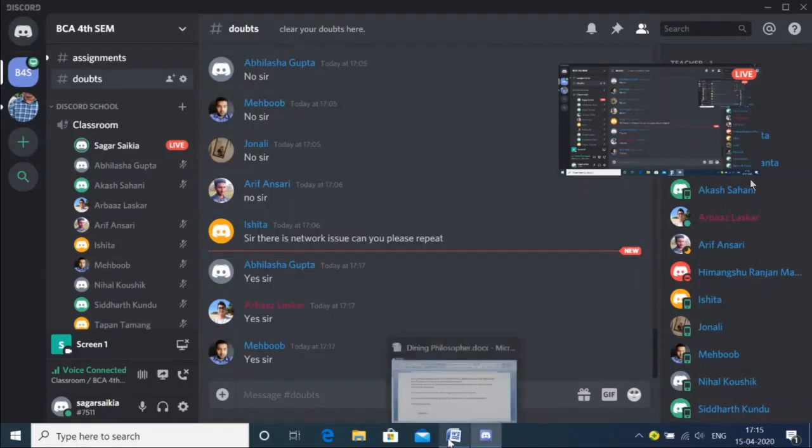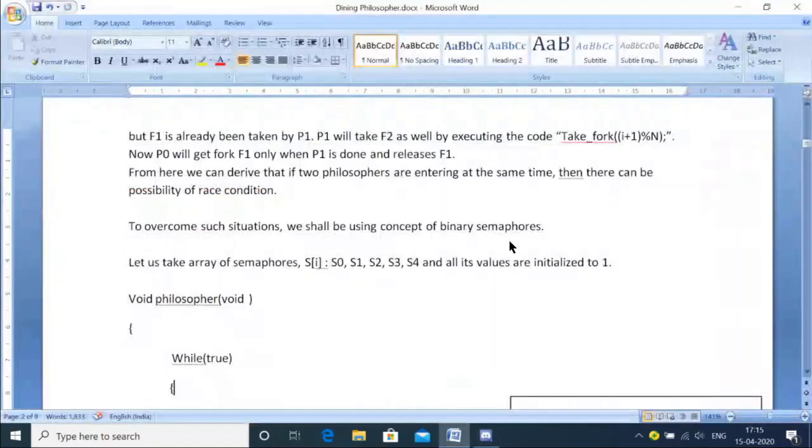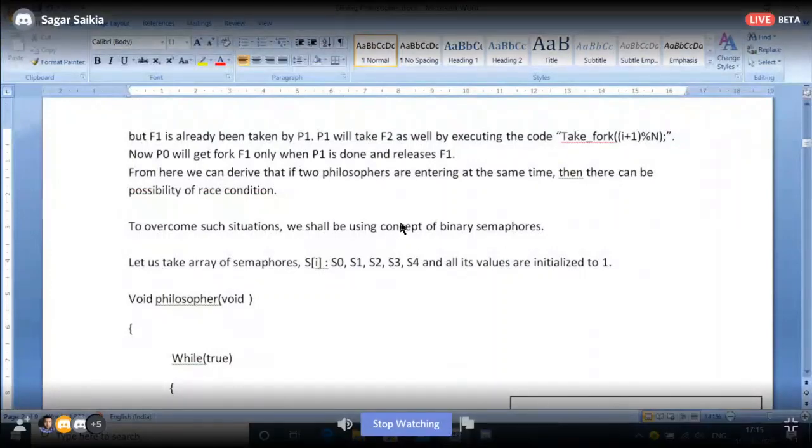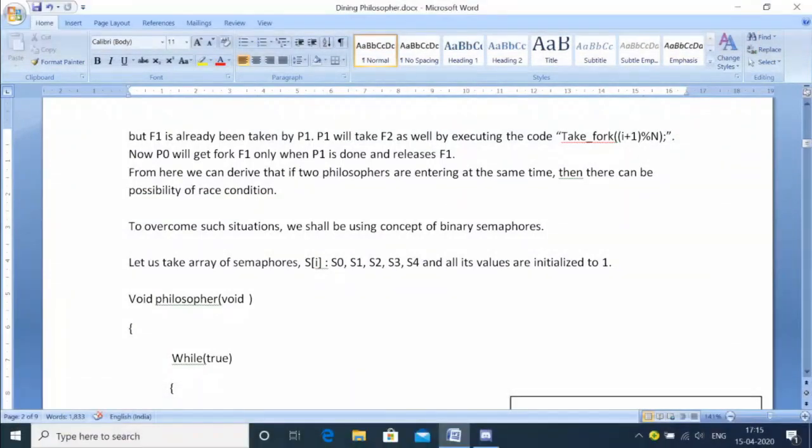So we have said that we can... The first thing is, our forks and processes are five, so hence we will be needing five semaphores.